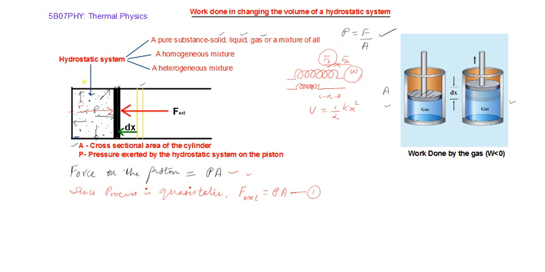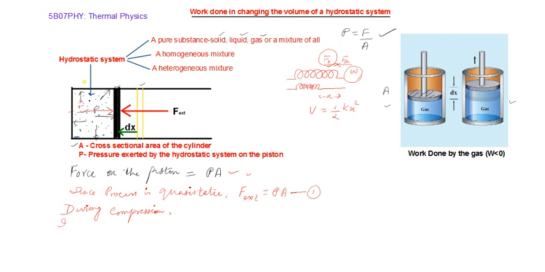Now, let us go to the next thing. During compression, so I am taking a case of compression. During compression, you can do it in terms of expansion also. During compression, what is the infinitesimal work done?